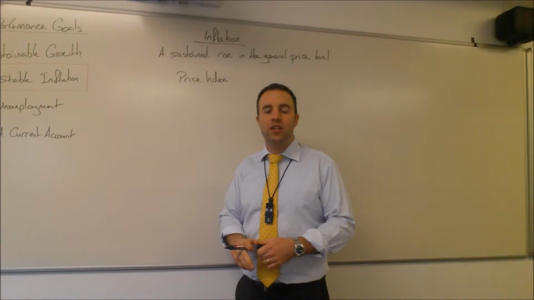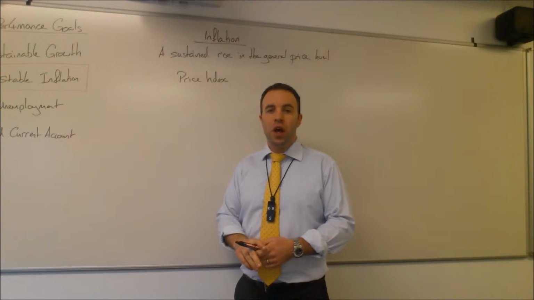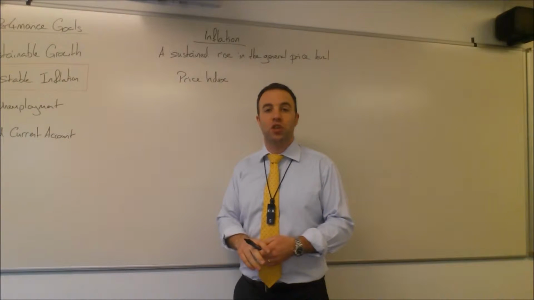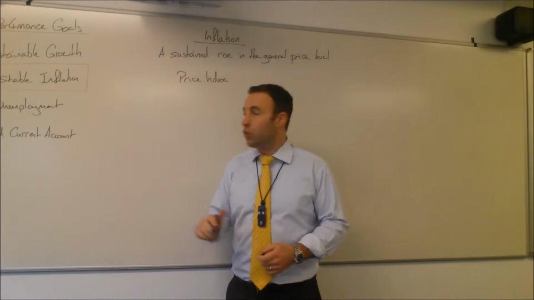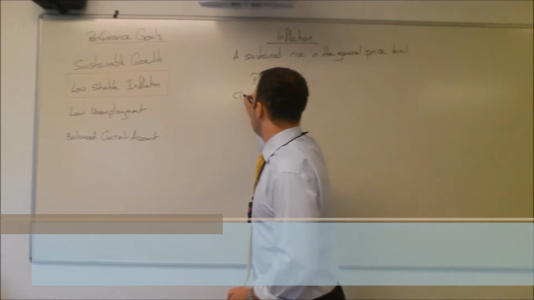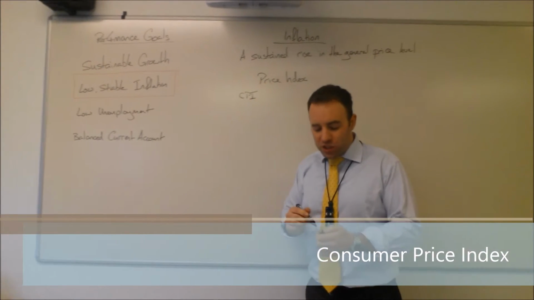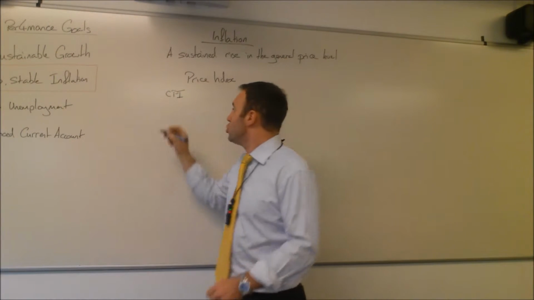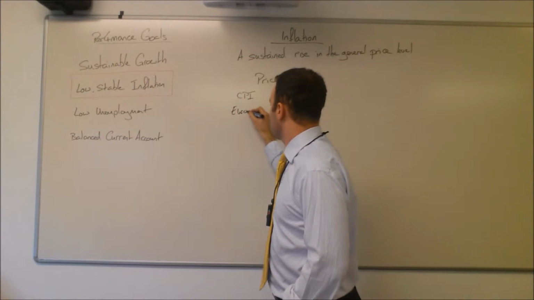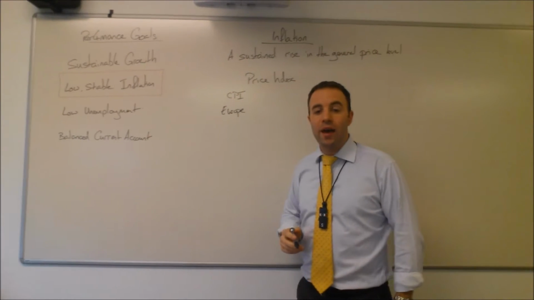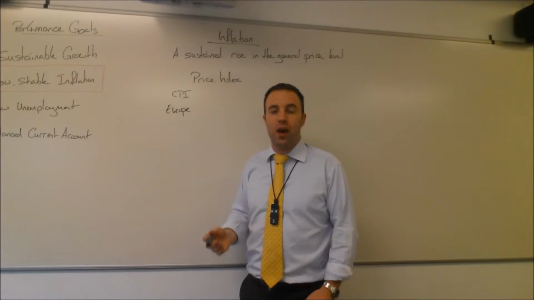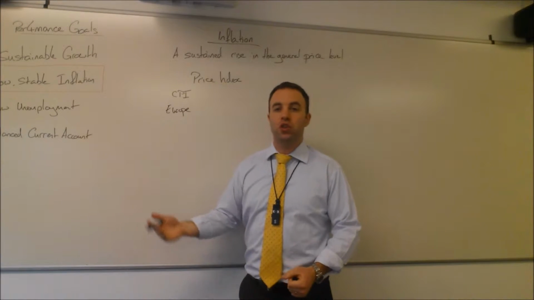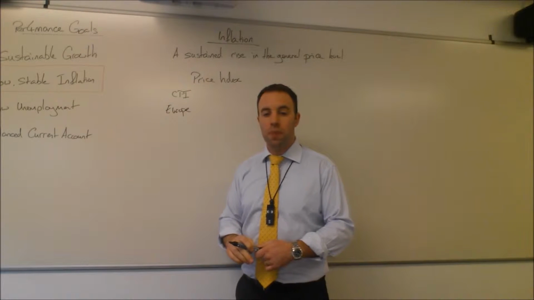There are 2 indexes you need to know about at A level, and they both work on the same idea. They're both trying to have this weighted basket of goods, but they look at slightly different goods. There's the CPI. The CPI is the Consumer Price Index. It's used across Europe, so we can compare with lots of other countries and see how inflation in the UK is comparing to inflation in France or Germany or the Eurozone as a whole.